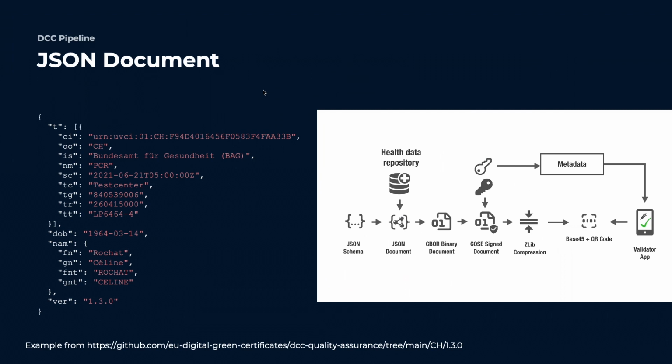This is also why, for example, you can see TT as a test type, or NAM as a name field, or FN for first name, just trying to abbreviate things and make it as small as possible. Later, this JSON document is then encoded in a binary version and signed in this COSE signed document, then compressed and base 45 encoded.